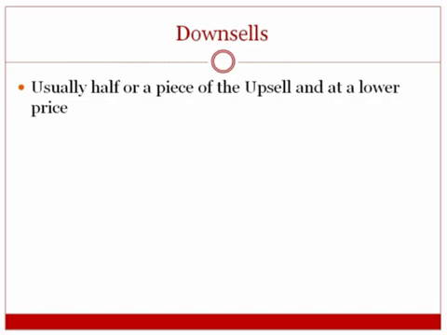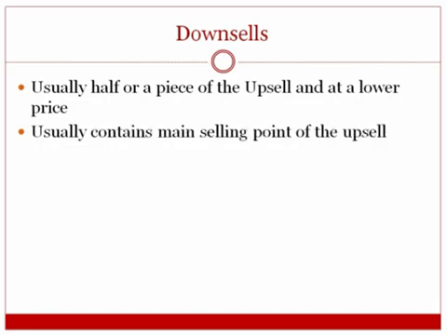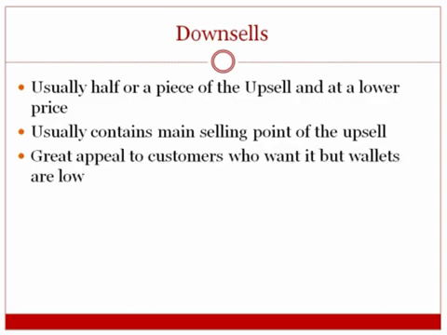So it's not like you're offering the upsell for a lower price. That would not be good for your customers. A downsell is usually a piece of the upsell for a lower price, and it usually contains the main selling point of the upsell. But it's a great appeal to customers who want it, but their wallets are low on cash.